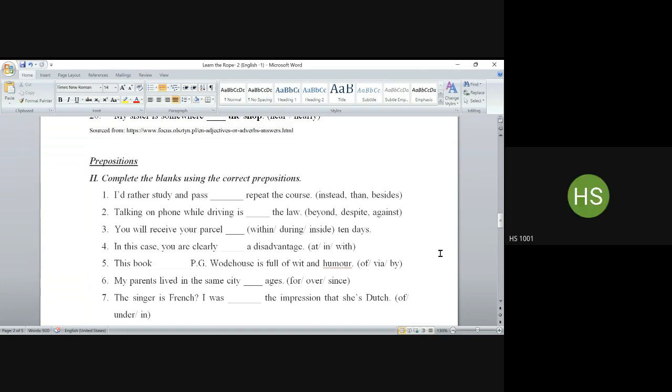Any question? Yes, ma'am. I'm a bit confused between in and on. Sometimes we say we are in the bus, and sometimes it's on the bus. It is enclosed, right? That refers to how you're using it.